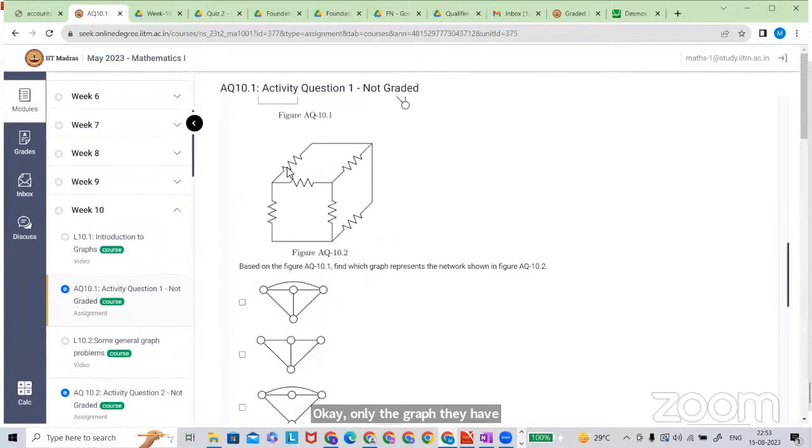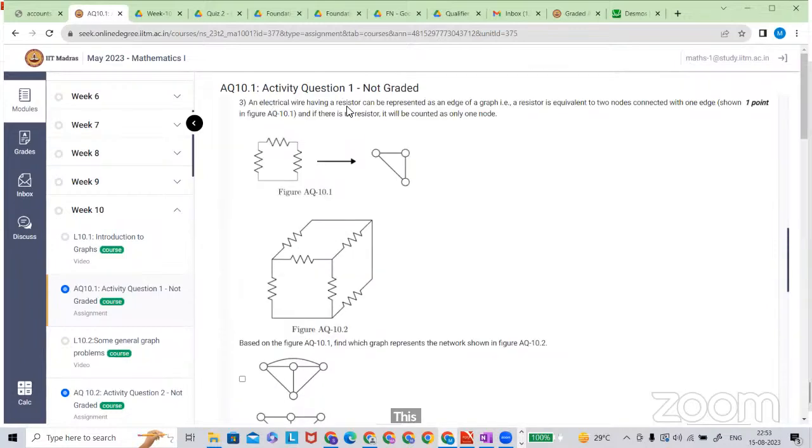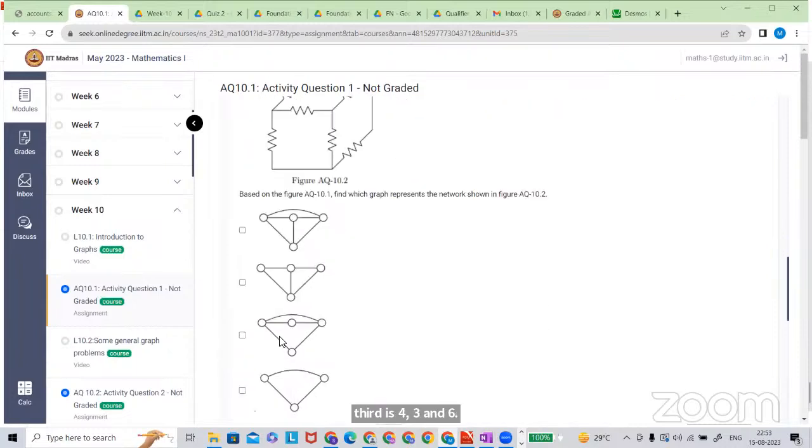A resistor represents an edge, so for this diagram, one edge, second, third, fourth, fifth, and sixth. There are 6 edges. So which graph contains the 6 edges?